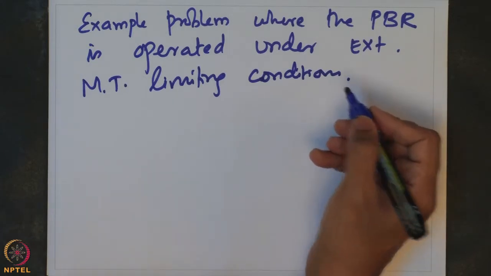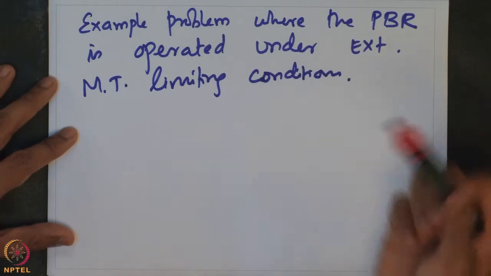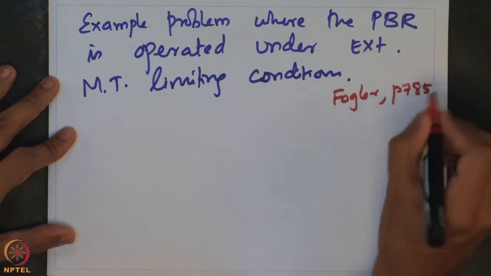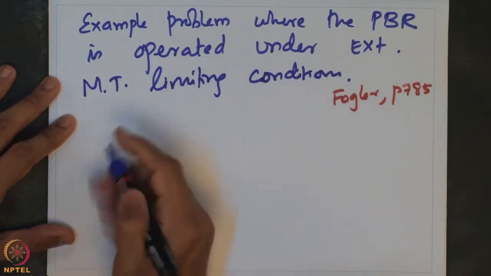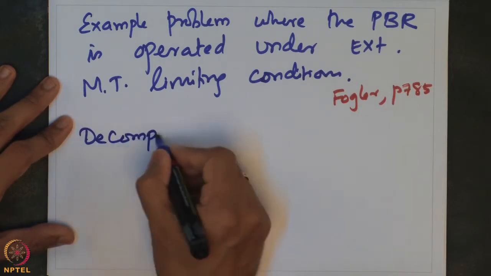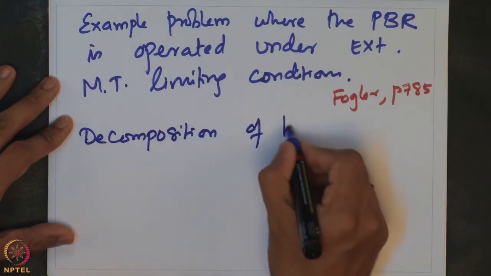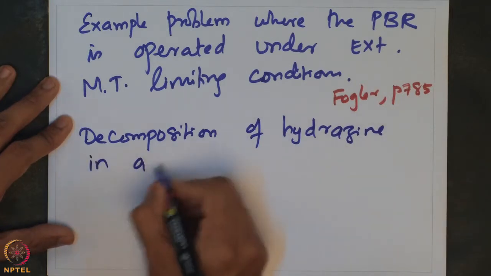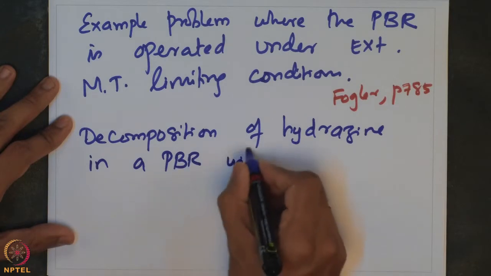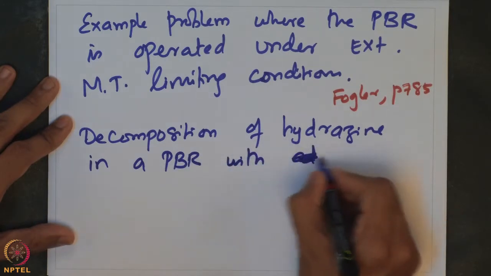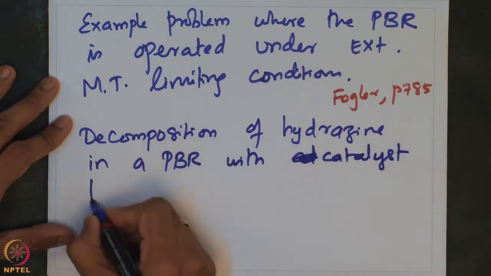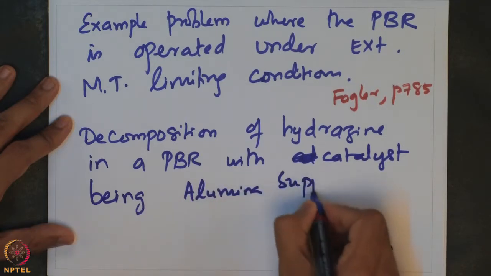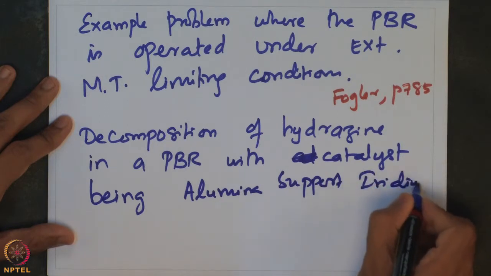The specific example we are going to look at is taken from the Fogler textbook, page number 785, and we are going to specifically look at the case of decomposition of hydrazine in a packed bed reactor with the catalyst being an alumina support iridium catalyst.